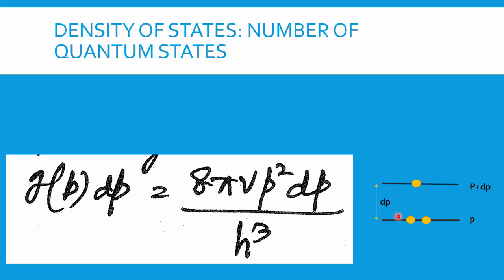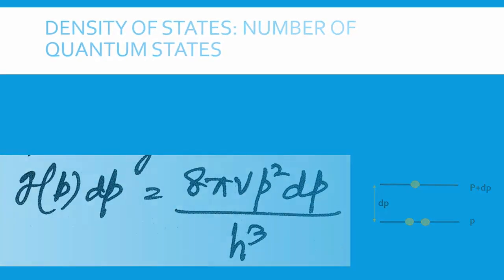Within this interval dp, the change in momentum, how can you calculate the number of quantum states? That can be calculated from this formula. If you have a momentum interval, you use G as a function of P, and the formula is 8 pi V P squared dP by h cube. So dP means that within that momentum interval.